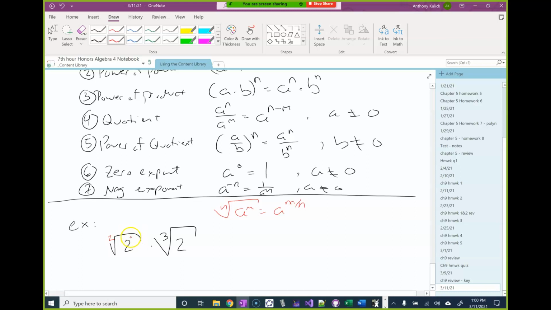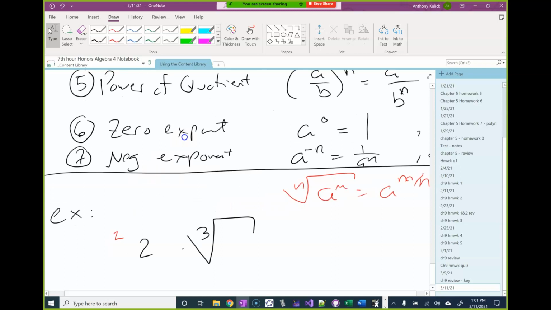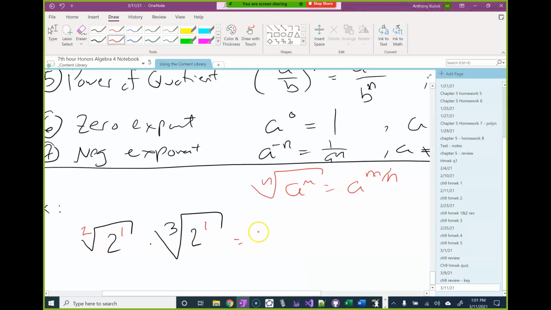And the exponent on the 2 is a 1. We know it's there even if we don't write it. So using that exponent definition, I have 2 to the 1/2 times 2 to the 1/3.